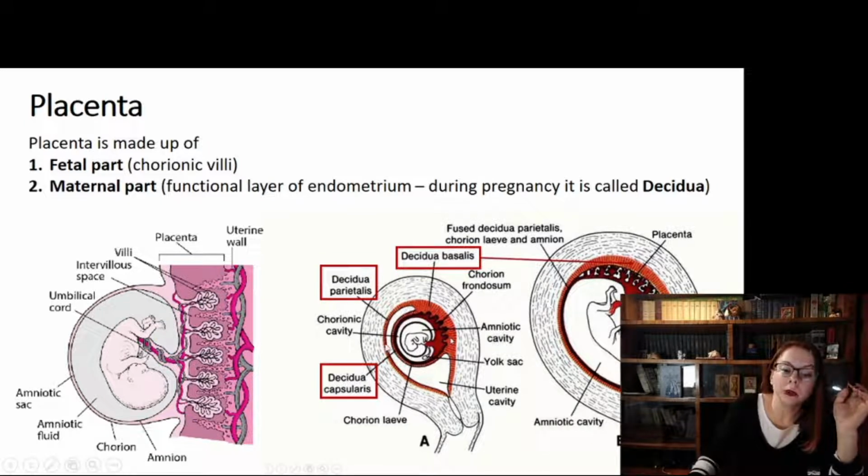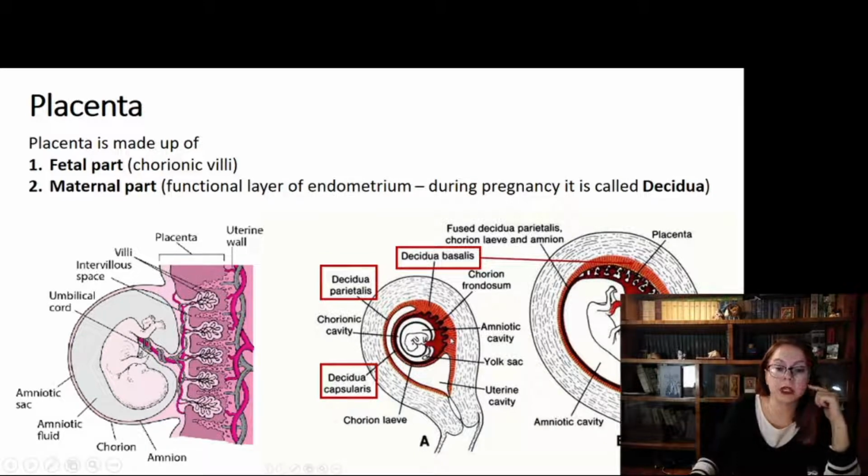Then decidua parietalis. This part of endometrium lines the uterine cavity from inside. So those three parts, basalis, parietalis, and capsularis, all are formed from the endometrium, from its functional layer, but they differ in function. In the formation of placenta, only decidua basalis takes part.